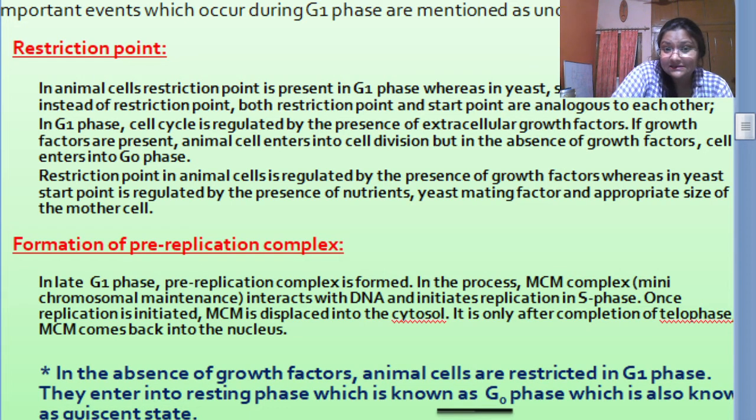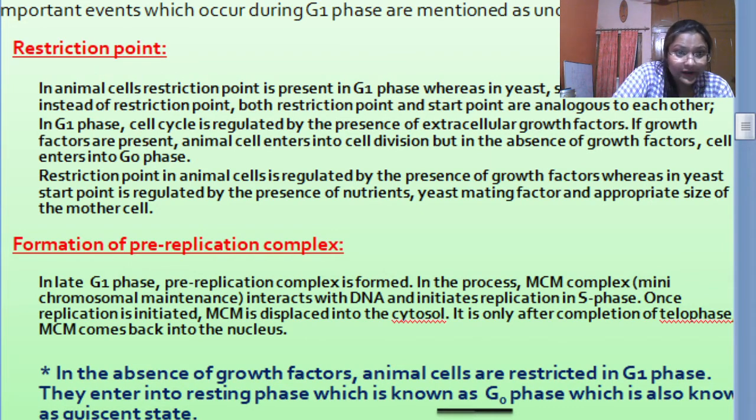But yeast does not require growth factors. In yeast, the start point is regulated by the presence of nutrients, yeast mating factor, which is known as YMF also, and appropriate size of the mother. So yeast does not require presence of growth factors.